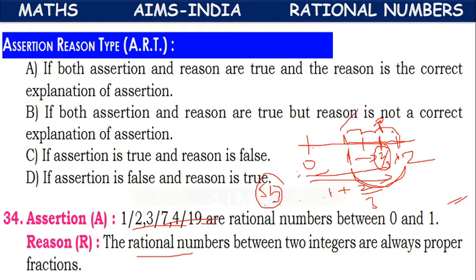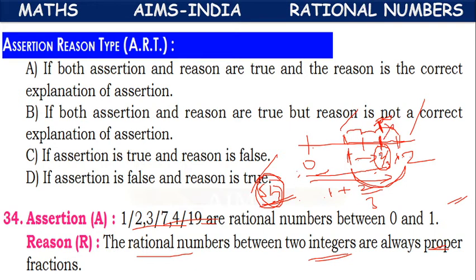Now 1 is an integer, 2 is an integer. There is a rational number between 1 and 2 whose value is 5 by 3, which is not a proper fraction because the numerator is greater than the denominator. They told that between two integers there will always be proper fractions.